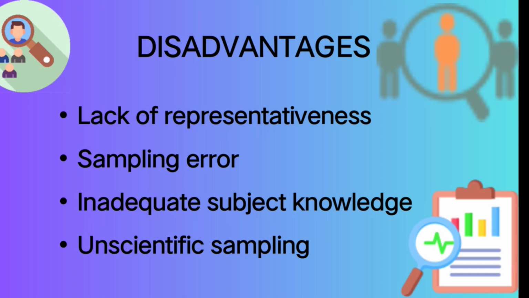Next is unscientific sampling. If a researcher is not able to conclude what technique has to be used and how properly it has to be utilized, then it becomes a cumbersome process in the research. So we have to do proper sampling. Only then can we generalize those inferences or conclusions to the whole population.